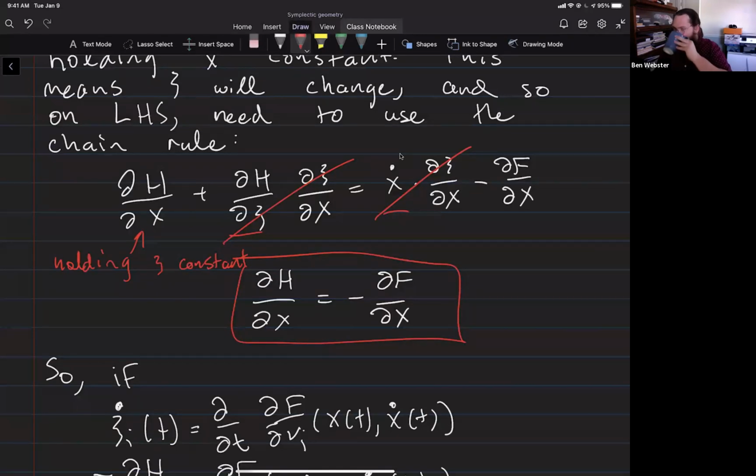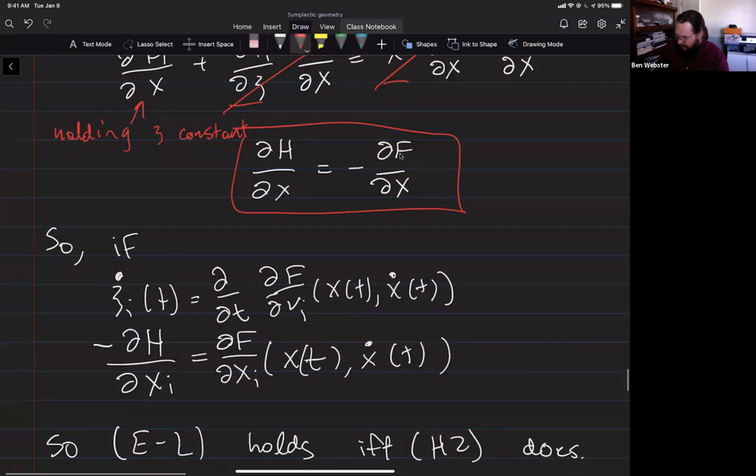All right. But what this argument is saying is, yes, but on both sides, you will get such a contribution, and those contributions will cancel. And you'll get that the spatial derivative of the Hamiltonian is minus the spatial derivative of the action.